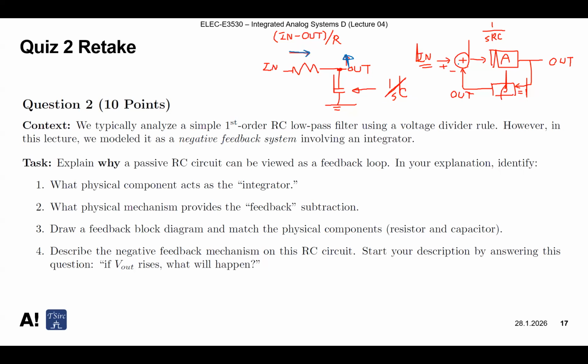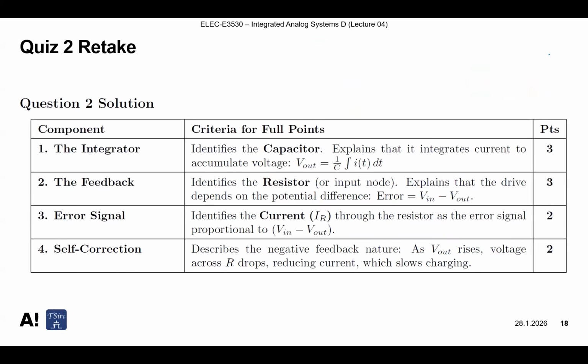Then the current is reduced, and the amount of the current multiplied with the impedance, which is 1 over SC, is reduced. That makes the Vout value go down. So there is a negative feedback mechanism here. So this is a solution. You can also check the solution from my course's website.